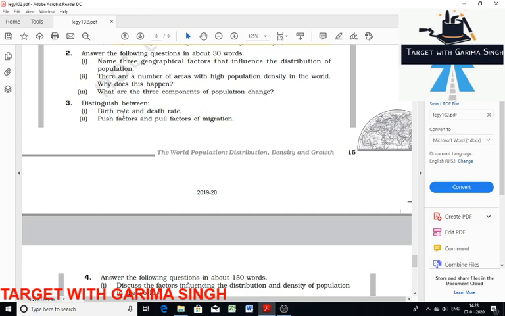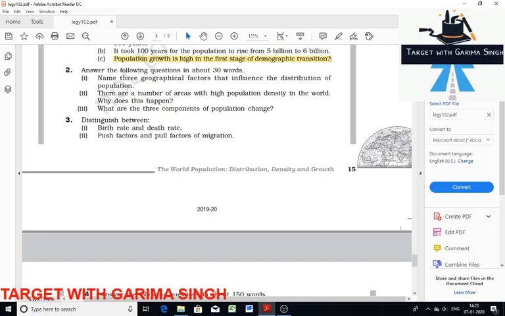Push and pull factors. Firstly I discuss push factors. These factors make a place less attractive for human settlement. Pull factors are the ones which make a place an attractive destination for settlement.